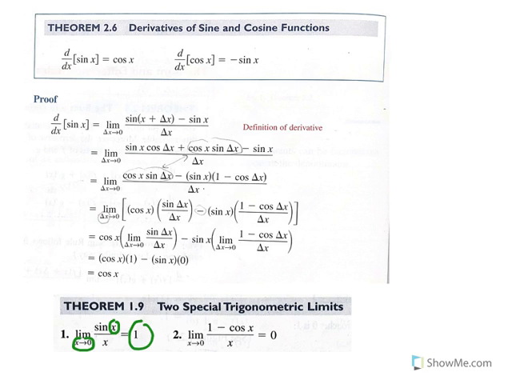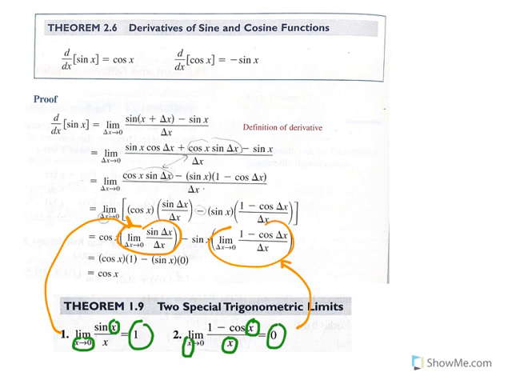And if you look at special limit number 2, if you have 1 minus cosine x over x, and x is going to 0, that limit is known to be 0. So that's what you see here, rule number 1, and here, rule number 2. So that's how we know that the first one is 1, and the second limit is 0.